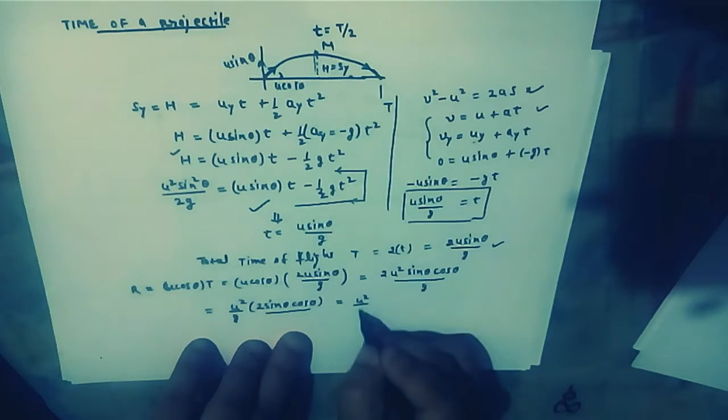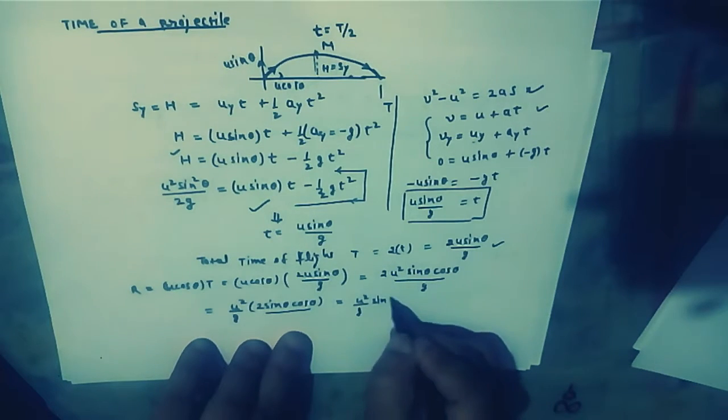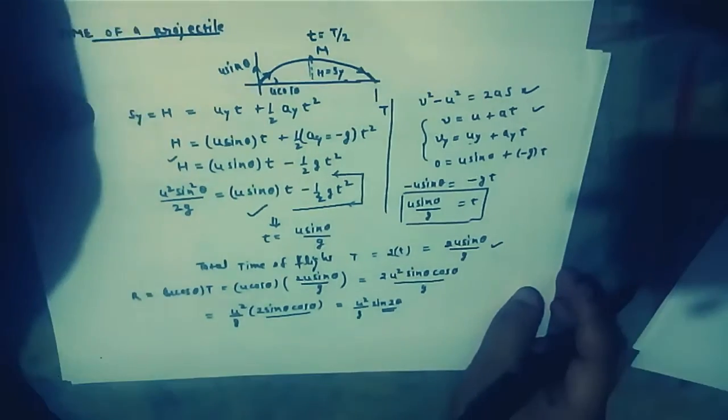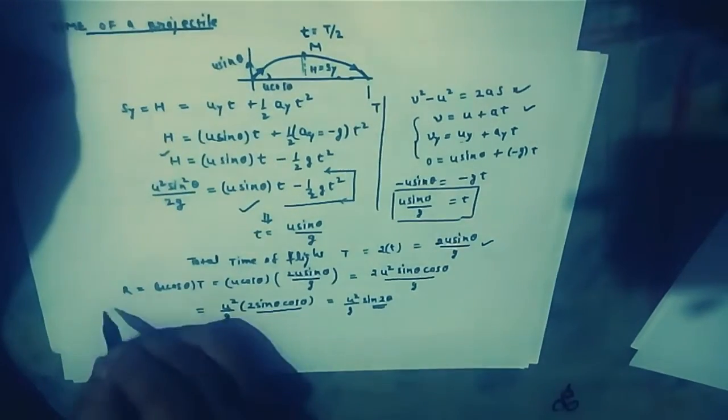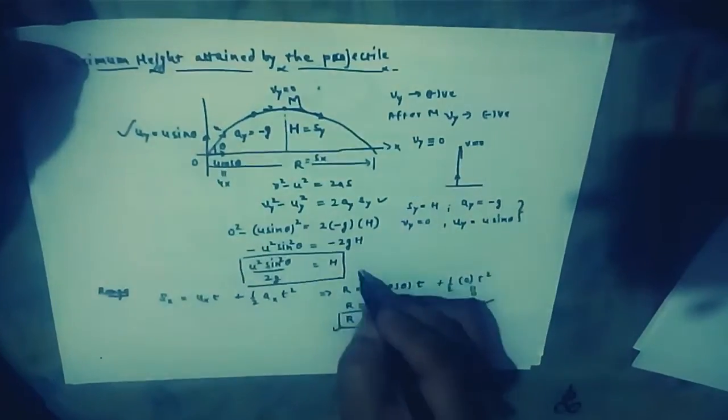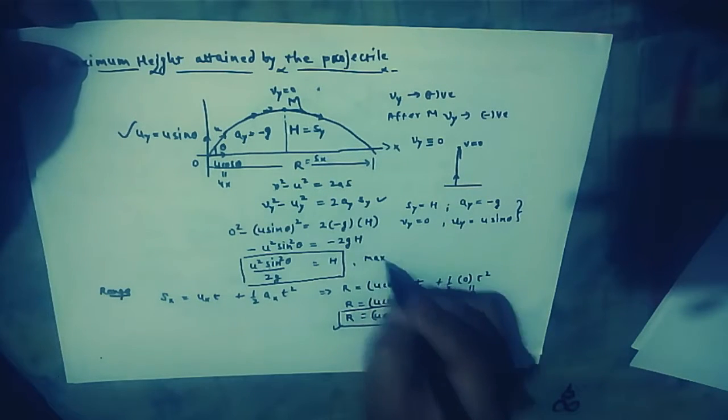So u square by g into sin 2 theta. So by that time we have calculated the range, the total time of flight of the projectile, and the maximum height, right?